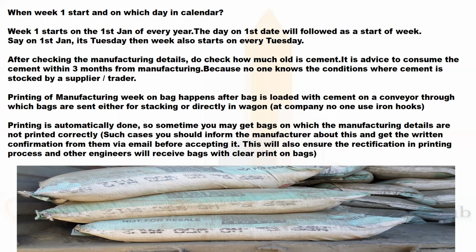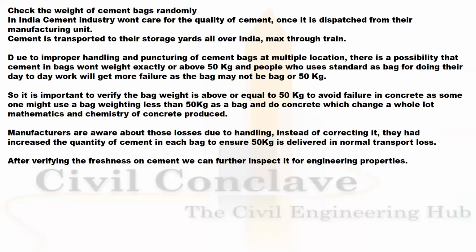Printing is done automatically. So sometimes you may get bags in which the manufacturing details are not printed correctly. In such cases, you should inform your senior authorities to talk to the manufacturer and sort out the issue.